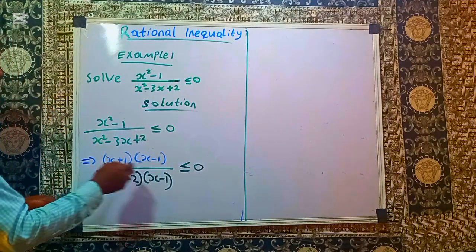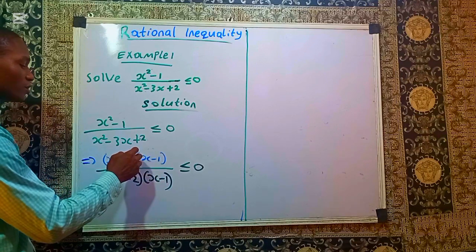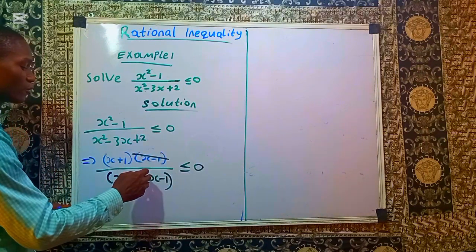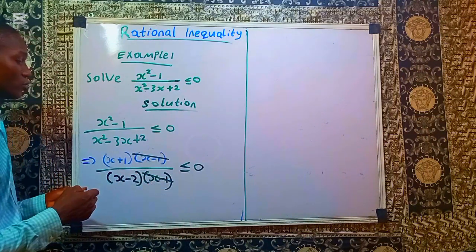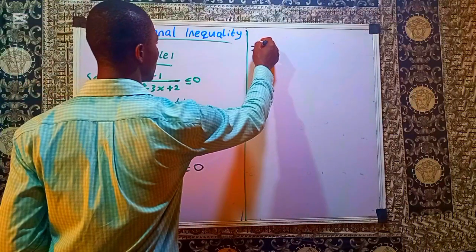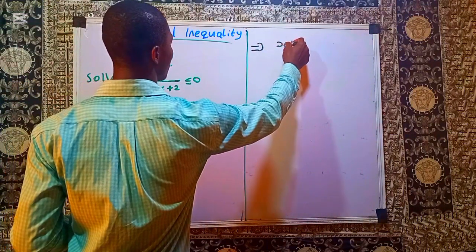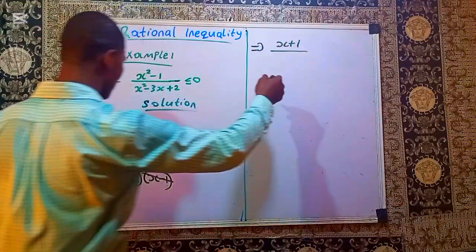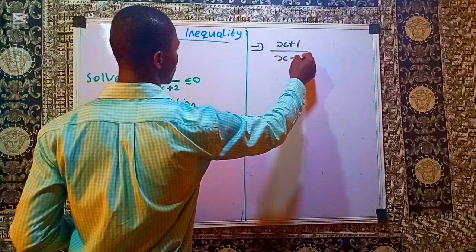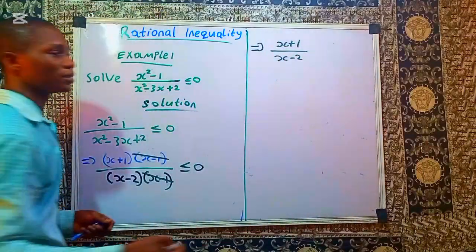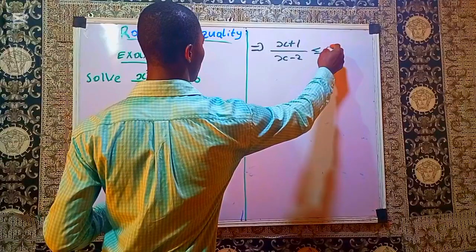Clearly, x minus 1 at the numerator will cancel x minus 1 at the denominator, so what we have left is x plus 1 at the numerator divided by x minus 2 at the denominator, all less than or equal to 0.